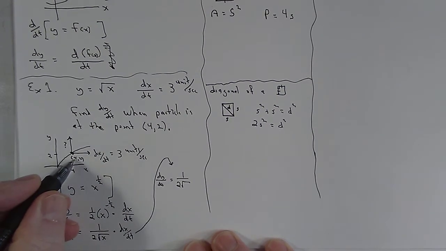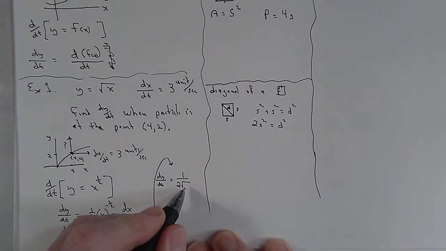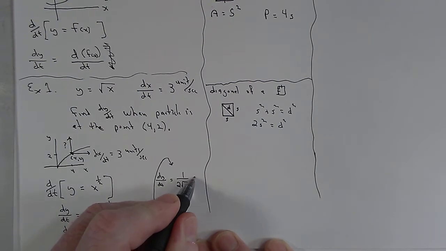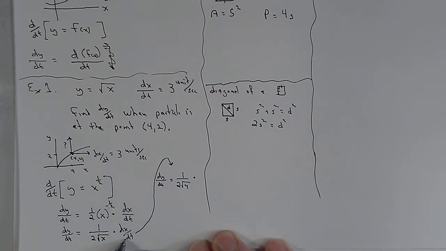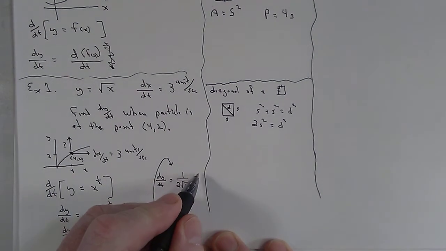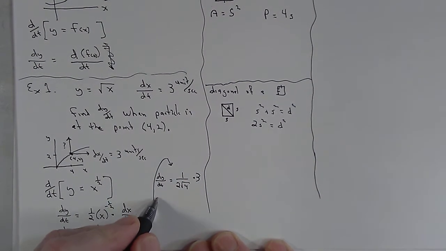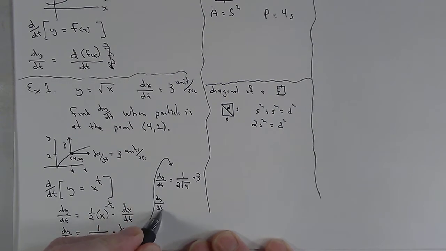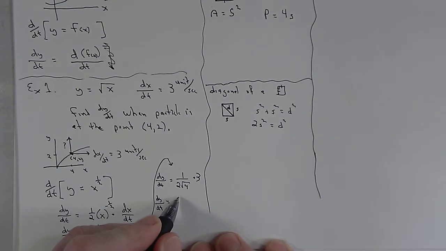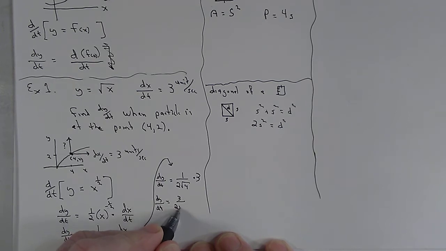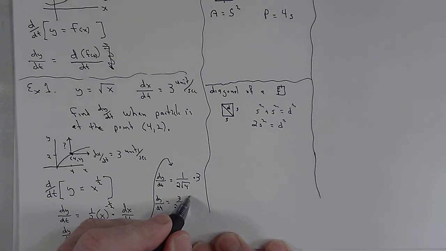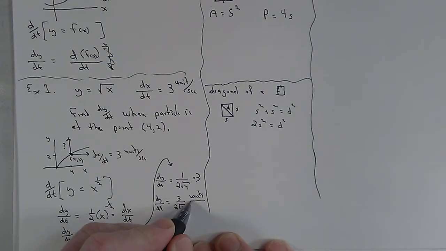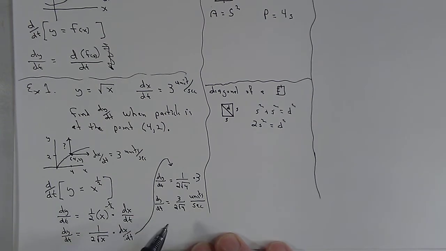So the x coordinate's 4, so I can put 4 into there, times the rate of change in the x coordinate, which is 3. Right, so dy/dt equals 3 over 2 radical 4. We don't have a measurement for the distance, it's just units per second.